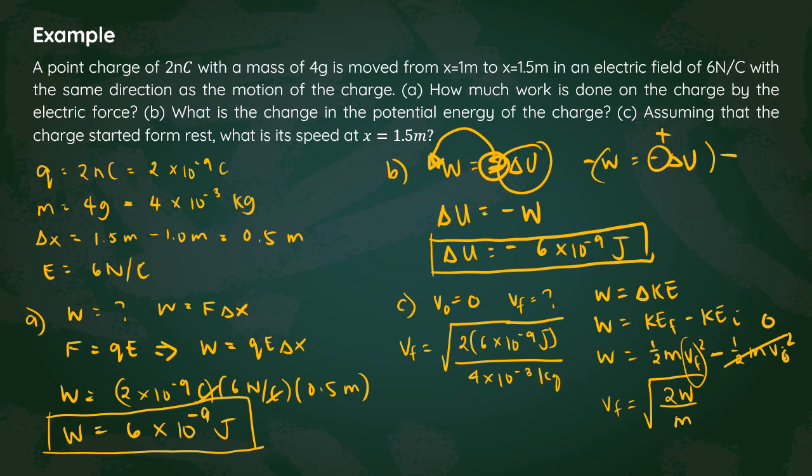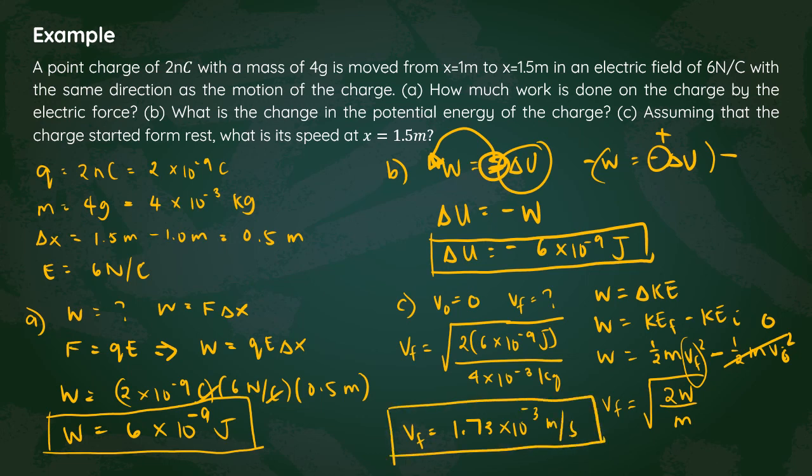If we put that in our calculators, that is the square root of 2 times 6 times 10 raised to negative 9, divided by 4 times 10 raised to negative 3. That will give us your value for the final velocity at 1.5 meters, which is 1.73 times 10 raised to negative 3 meters per second. So that's our final velocity.